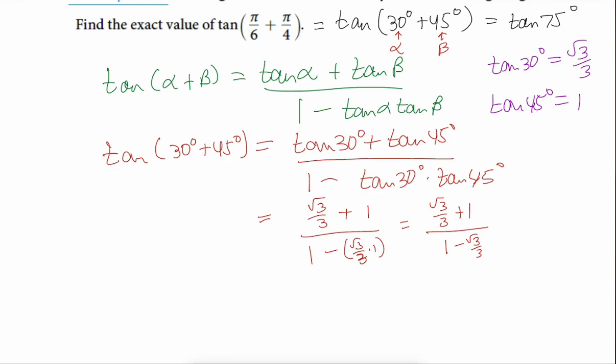And here's the trick I'm going to give you. What you want to do is multiply everything on the top and everything on the bottom by that denominator. We do that so we eliminate the denominators in the problem. That eliminates the fractional components that are within the fractions.